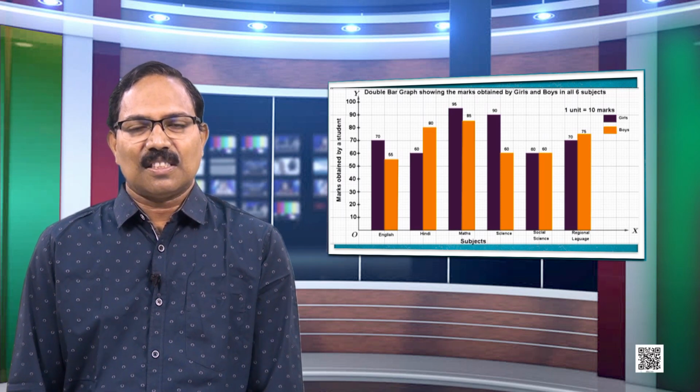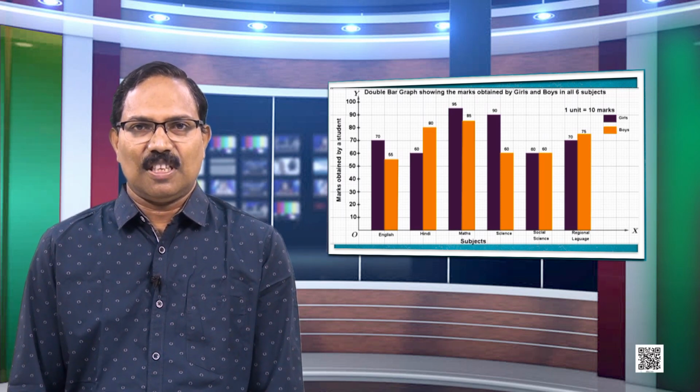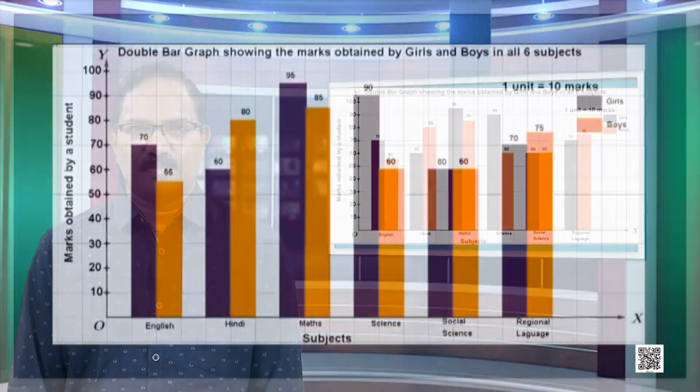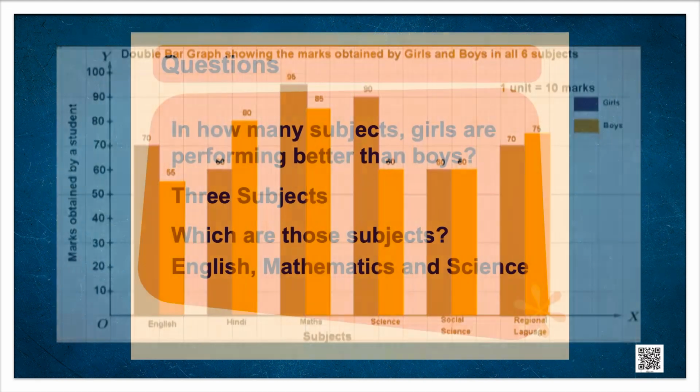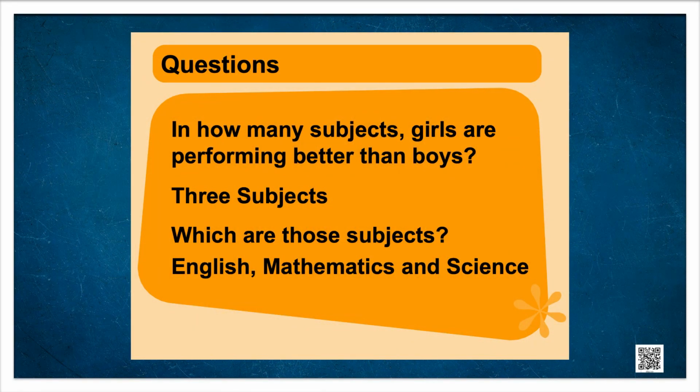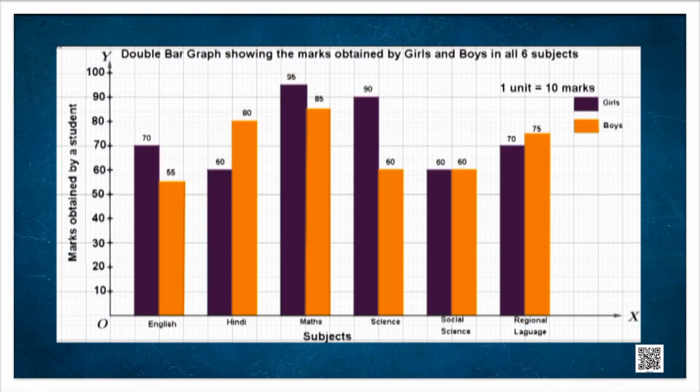Now, let me ask some of the questions from this graph. In how many subjects girls are performing better than boys? Yes, in 3 subjects. Which are those subjects? English, mathematics and science. Which are those subjects in which boys are performing better than girls?